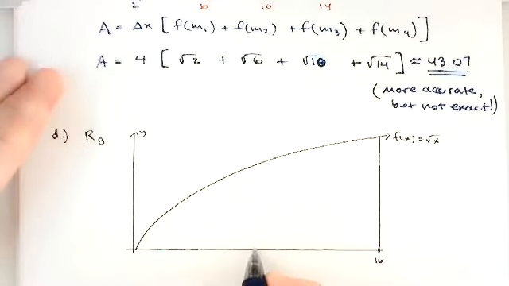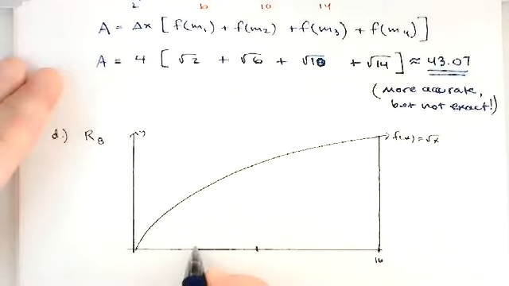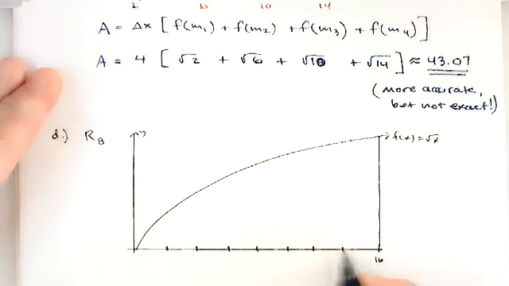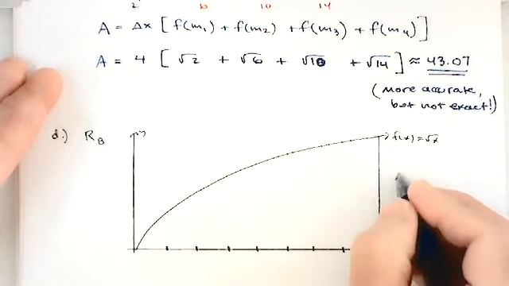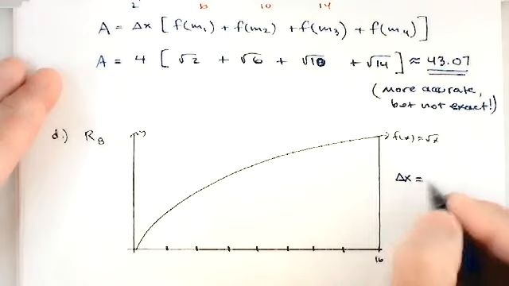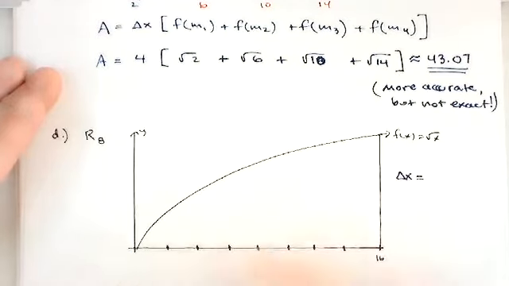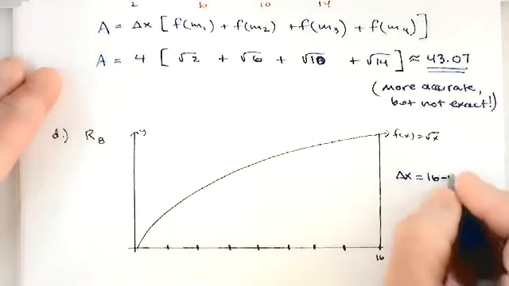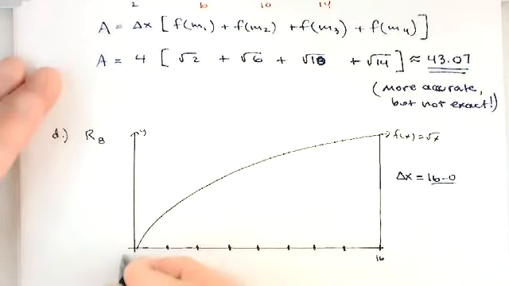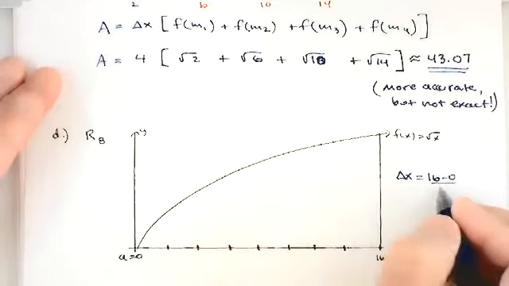So I want to split this region up now into 8 equal parts. So let's start with 4, and then I'll just cut these in half. What that does change, of course, is your delta x, because your widths now are more narrow. It's going to be 16 minus 0, remember, b minus a, divided by 8 this time.